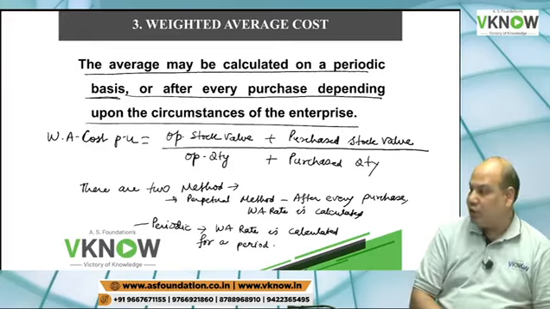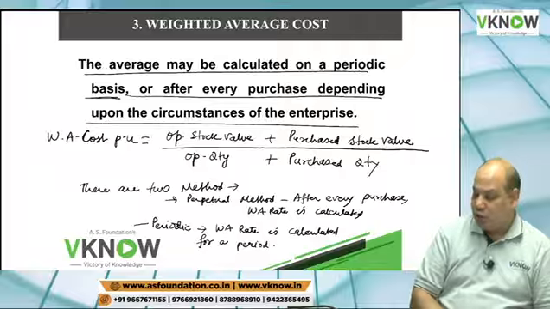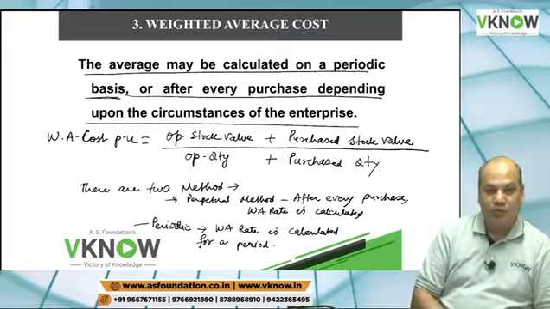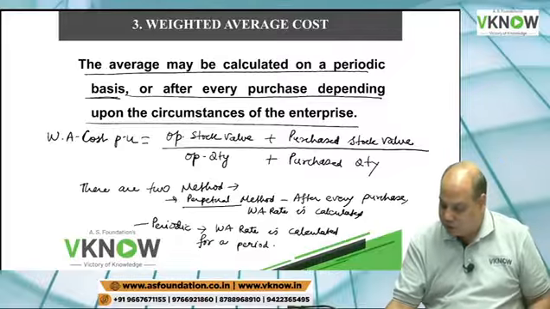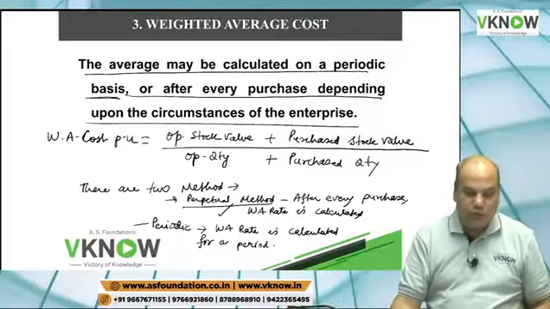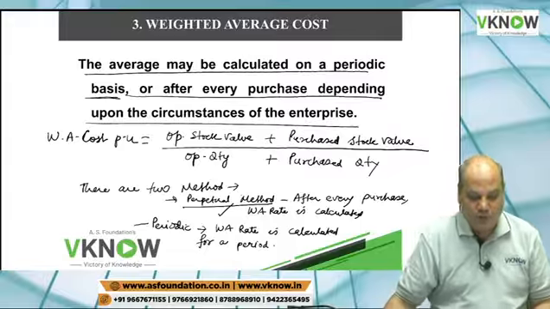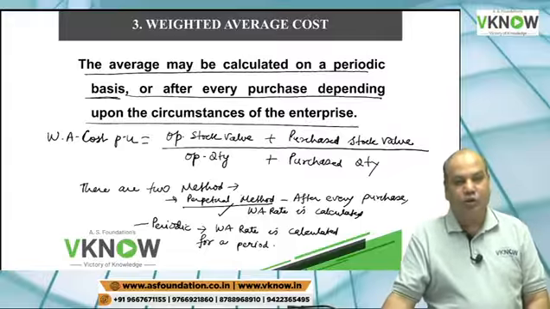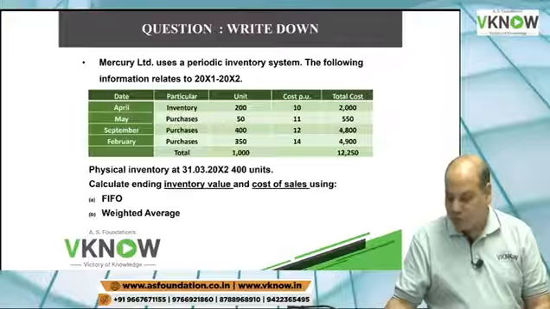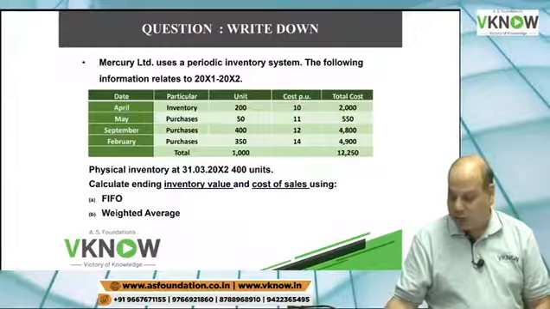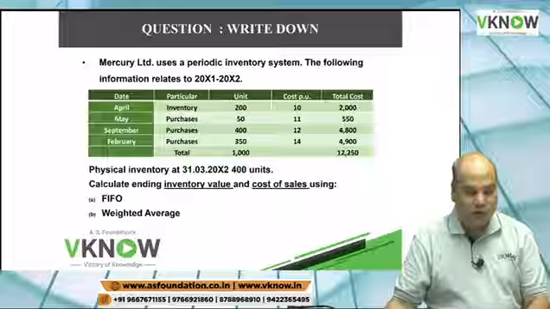If the question is silent, then you will follow the perpetual method. Tick mark. After every receipt you have to calculate the rate. If you calculate once in a period, then it is called the periodic method.